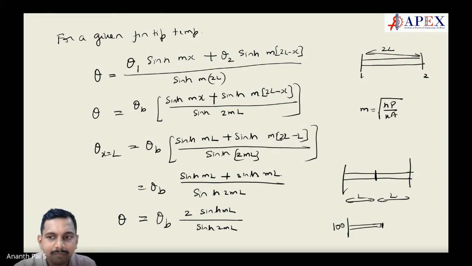It's the same. Theta 1 is here, theta 2 is here, which is theta base. Both sides are kept at 100 degrees centigrade. Read the question again. Theta 1 is at 1, theta 2 is at 2. This can be considered as a base, this can be considered as length.